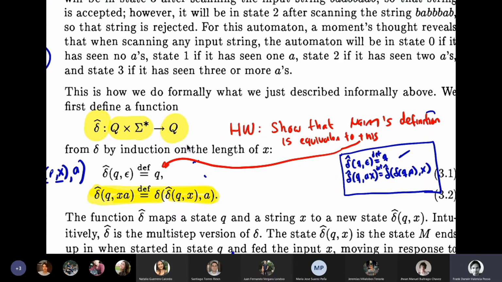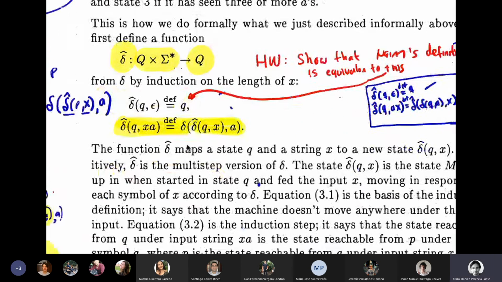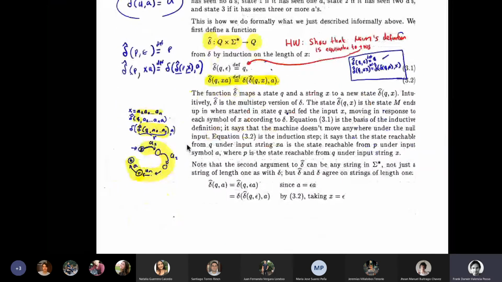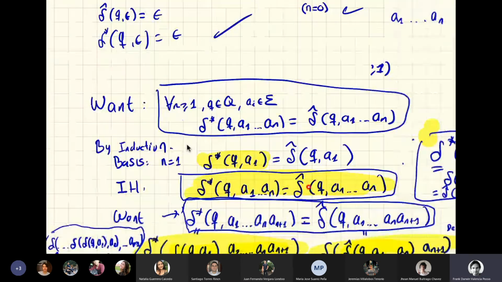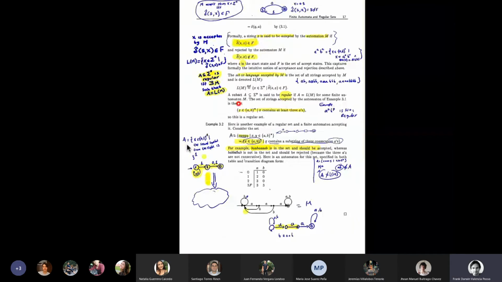Now one homework is to prove that these two definitions are equivalent, okay? And again, you can do this by induction. Okay, so now you understand these definitions, I assume. Okay, don't look at this because this is the solution.